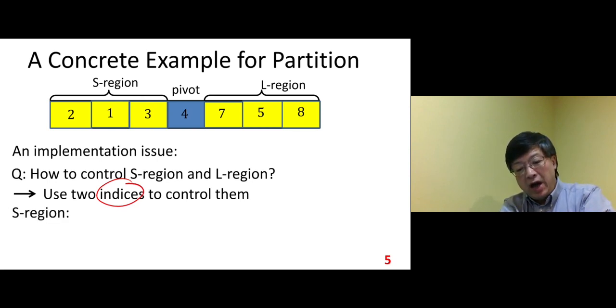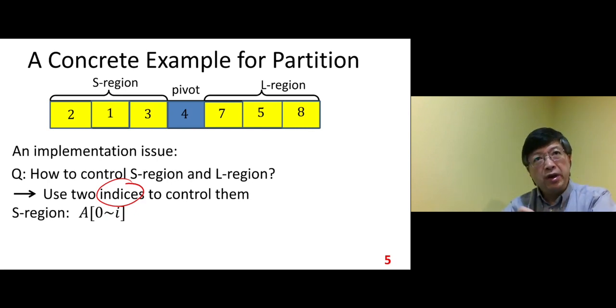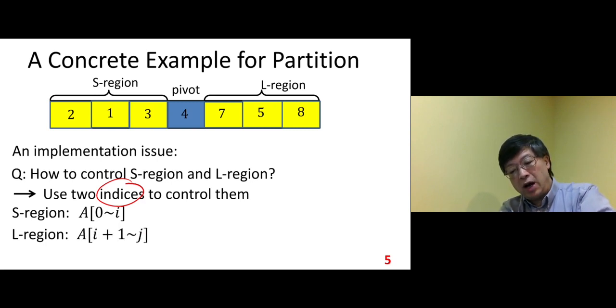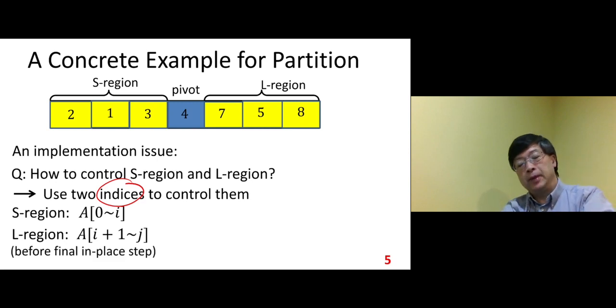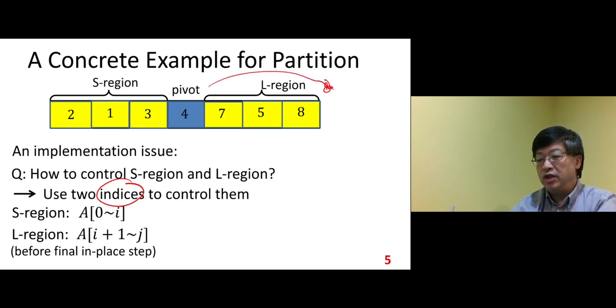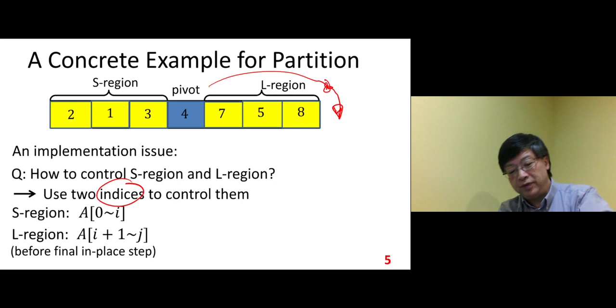For S region, we use consecutive locations in A from 0 through index I, and for L region we use the consecutive locations in A array from index I plus 1 through J. Here we assume that before our final pivot swap step, the pivot is still at the end.